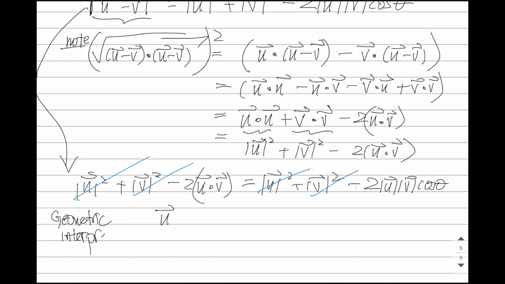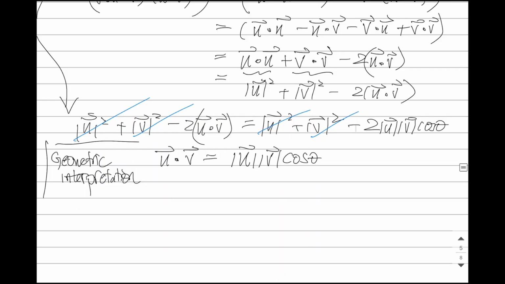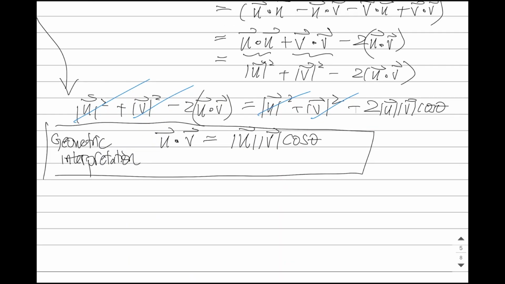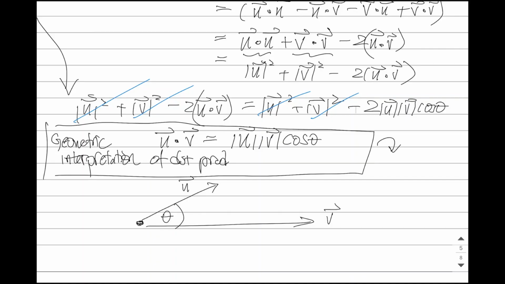The dot product u dot v could be interpreted as length of u, length of v, times the cosine of the angle between them. And this is often what physics people will define the dot product as. They'll start with this as the definition and then work their way to a strange coordinate representation.